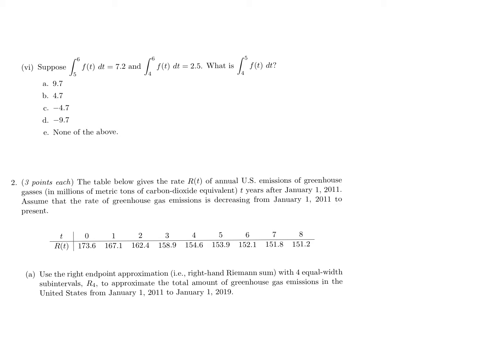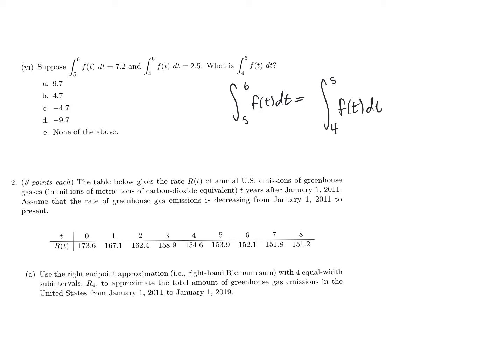And we're asked to find the integral from 4 to 5 of f of t. Well, this should seem natural. The integral from 5 to 6 of f of t, and I can draw a picture to justify this, is going to be actually the sum of the other two.